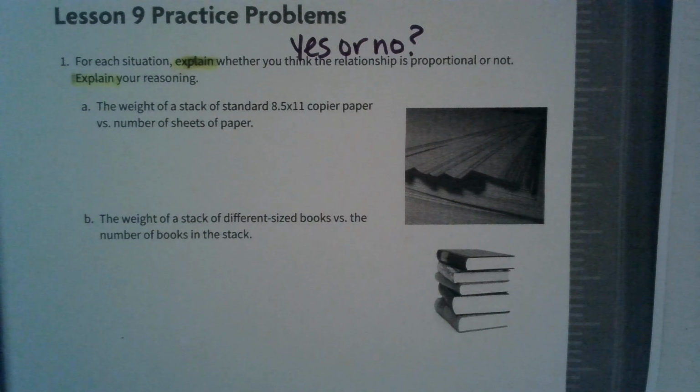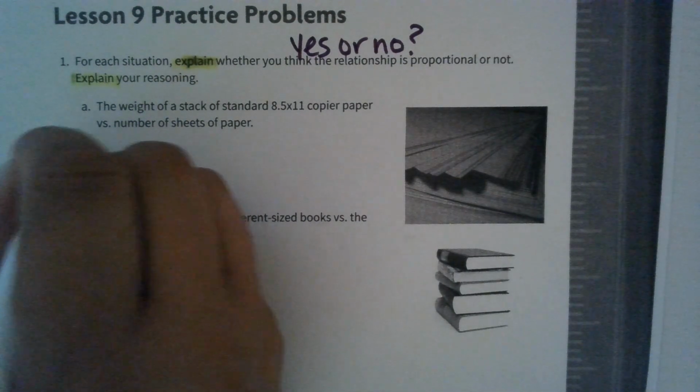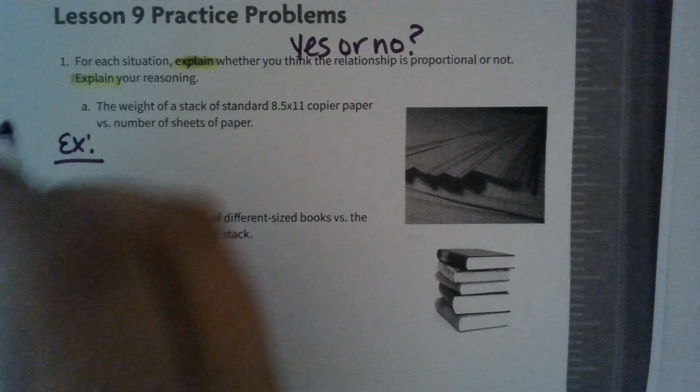Let's say I have a stack of 20 sheets of paper and it weighs 1.6 pounds. Let's use examples, okay? Because it's a good idea to use examples. So let's see if it makes sense.